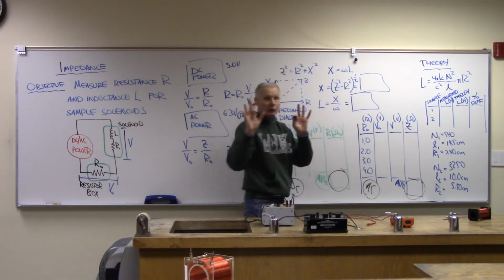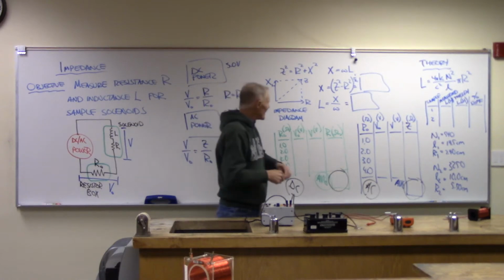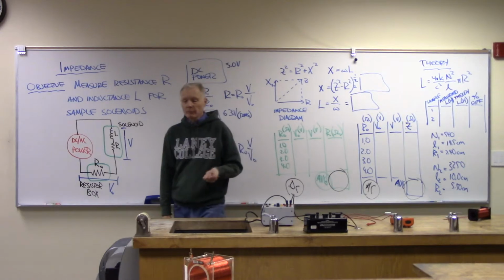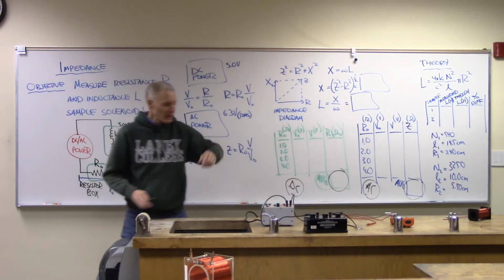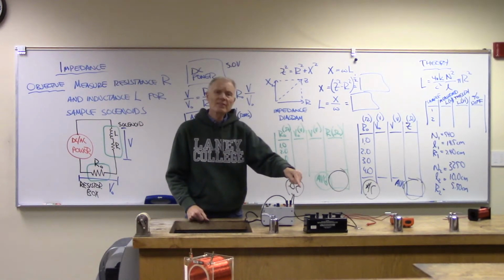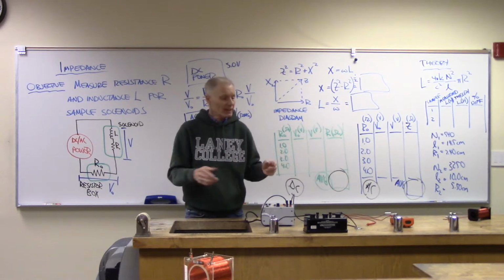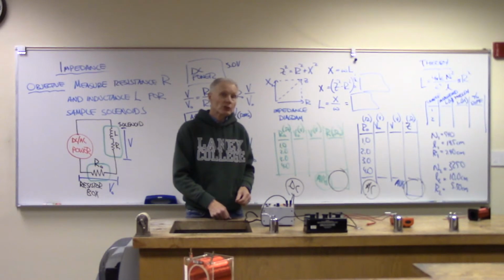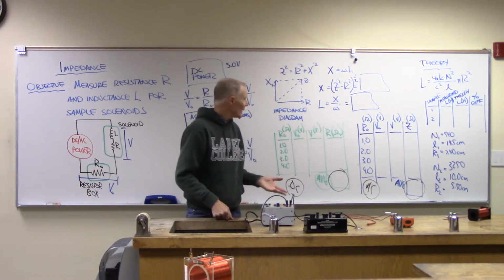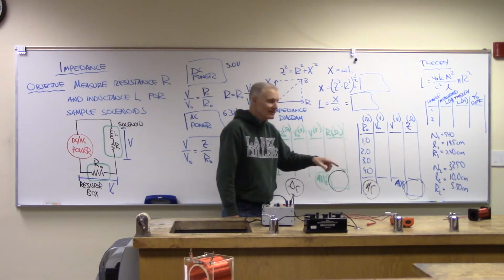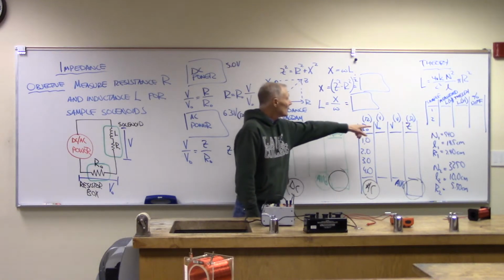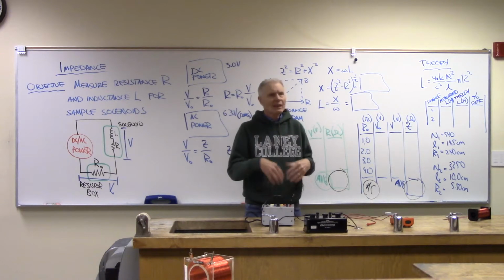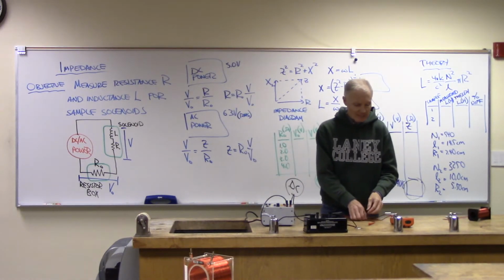I'm going to first of all check and see if these numbers match up. They should. When I change the resistor box, the voltages measured between the devices are going to change. But when I calculate how much resistance is in the device or how much impedance is in the device, I should get something that's very similar.